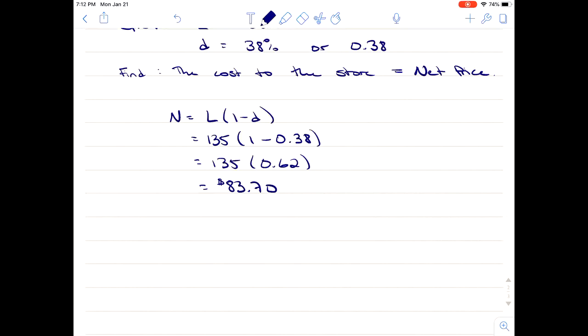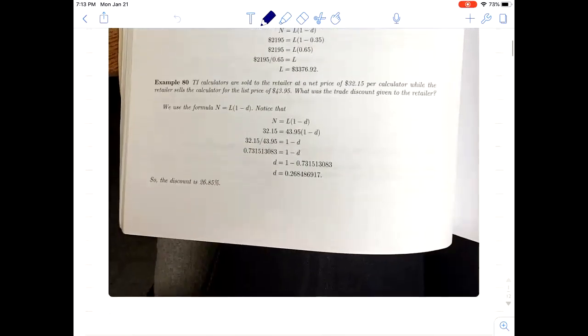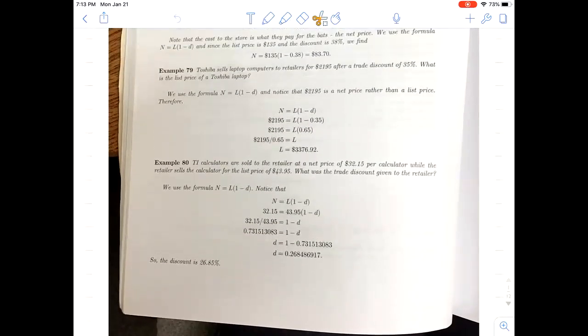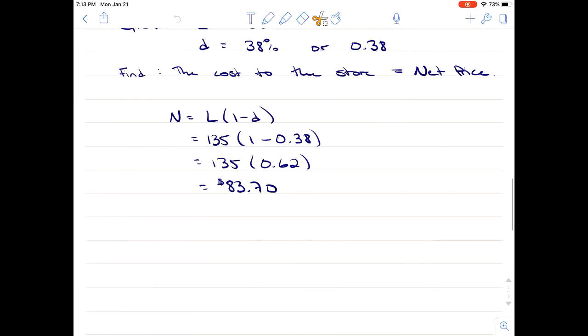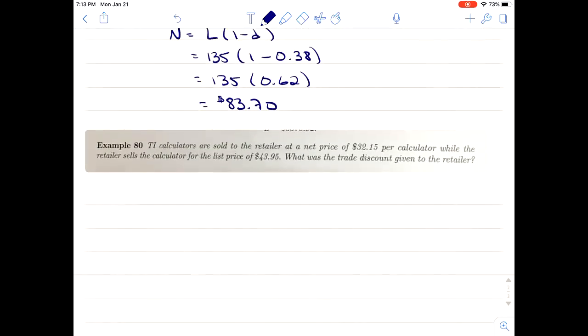Let's do another example. Let's do example 80. So TI calculators are sold to the retailer at a net price of $32.15 per calculator, right?